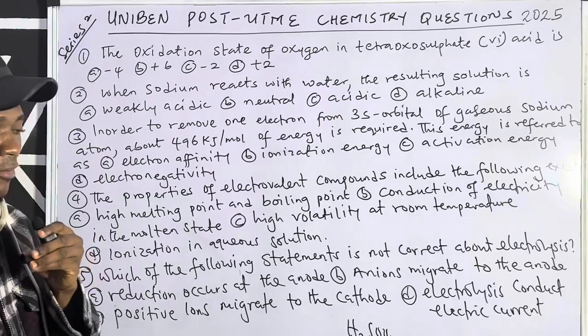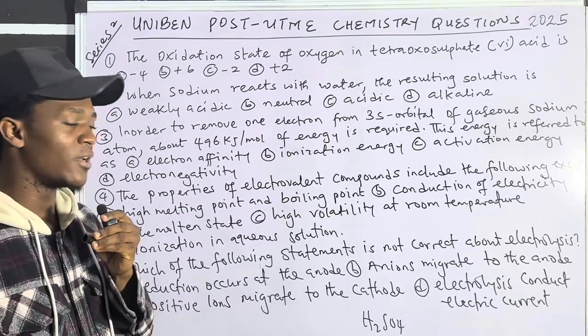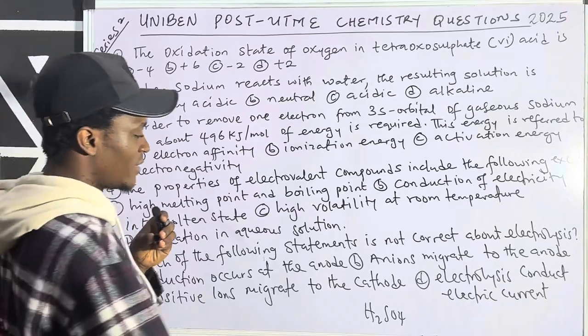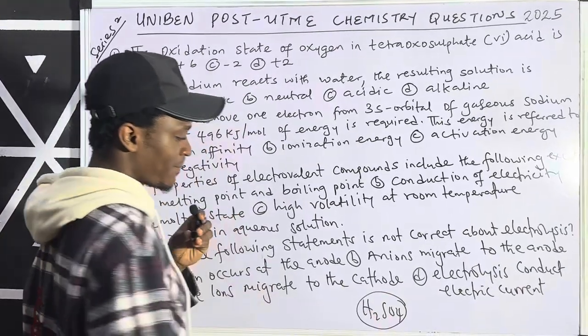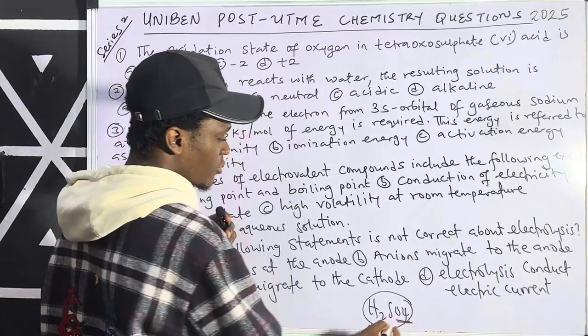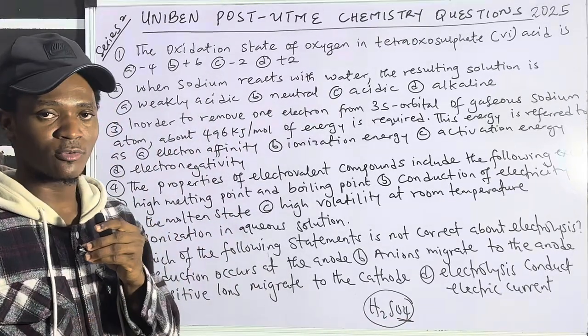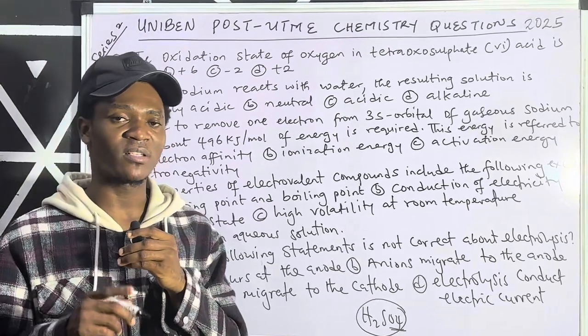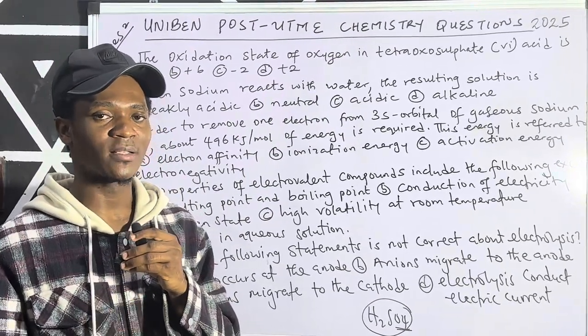That's the formula of tetraoxosulfate(VI) acid. For you to obtain the oxidation number of oxygen in this compound is very easy, in that the oxidation number of oxygen in most compounds is -2. Take note of that.